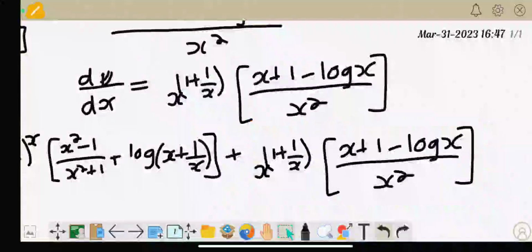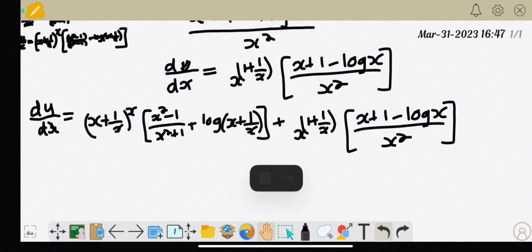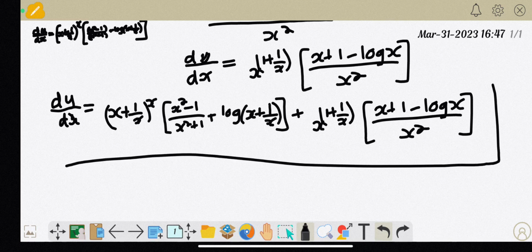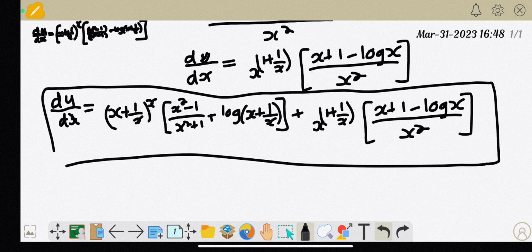Yeah, so this is our answer. If you want, you can verify it in your textbook. In the textbook also the same answer is there, it matches.